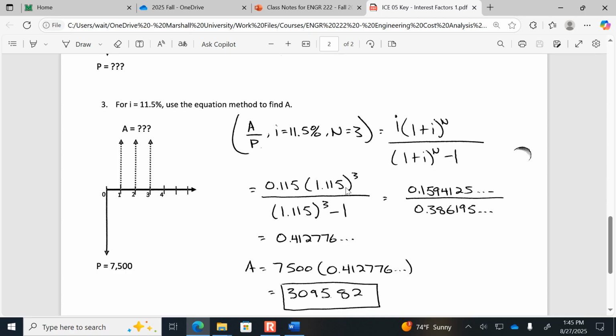So you can see here, I start off by writing the equation. Then I write the substitutions that go into the equation. And then I write the numerator quantity, the denominator quantity, and then finally I calculate the factor.